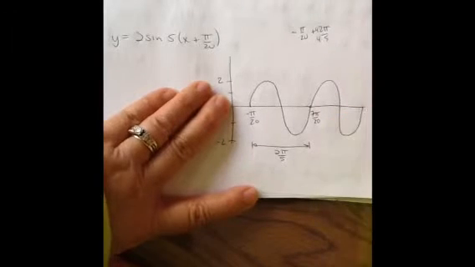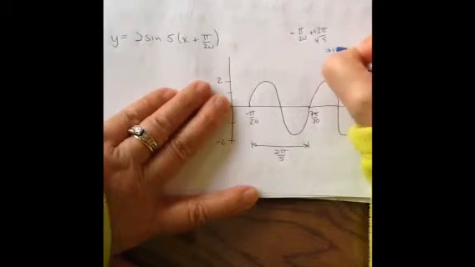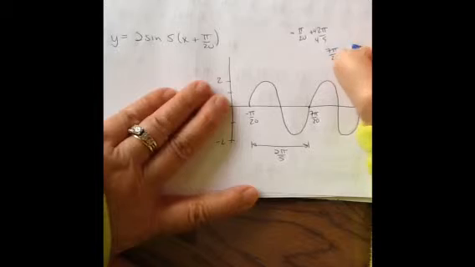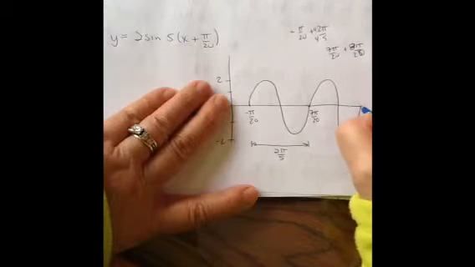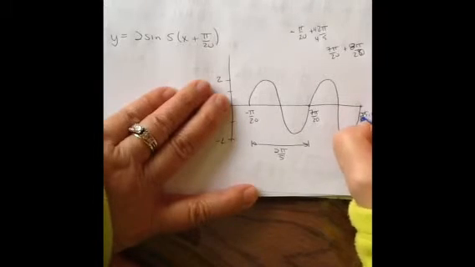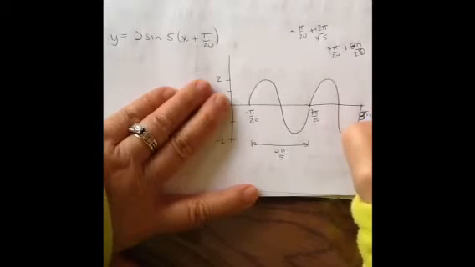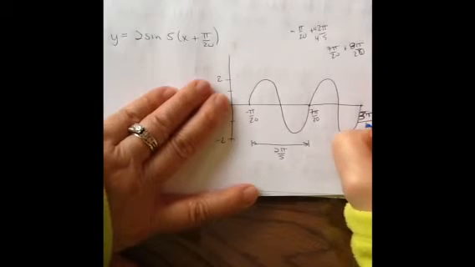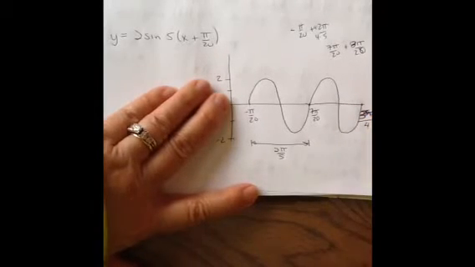And if I want to know what the next one is, from the 7 pi over 20, I'm going to add another 2 pi over 5, which is 8 over 20. So I'm going to get 15 pi over 20, which is 3/4 pi. Okay, so I reduced it.